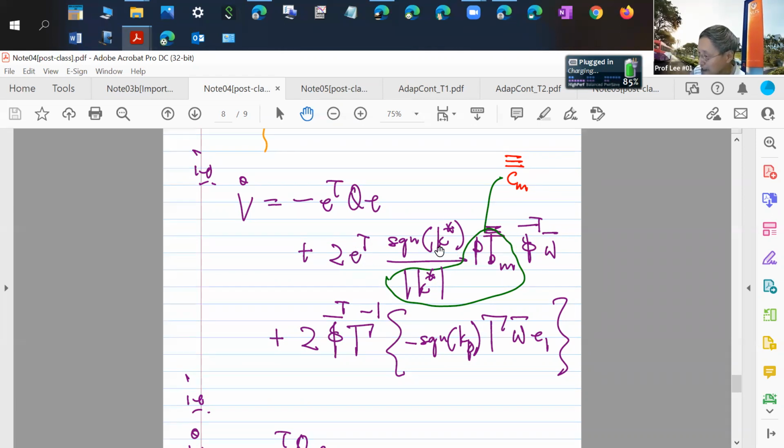And you saw that signum of K star and signum of K_P is the same thing. So you can now see that what happens down here is that this will be minus signum of K star.